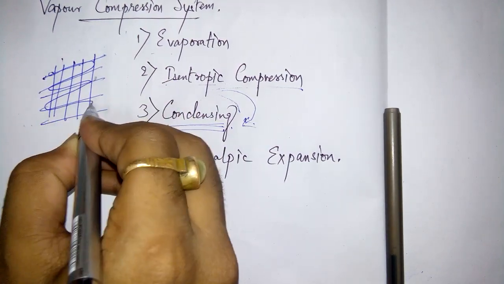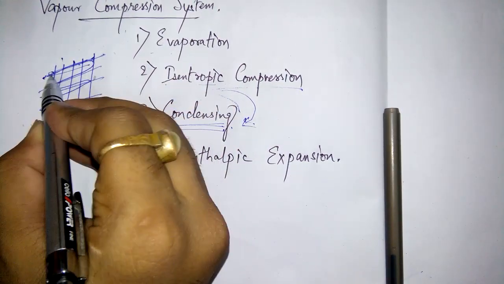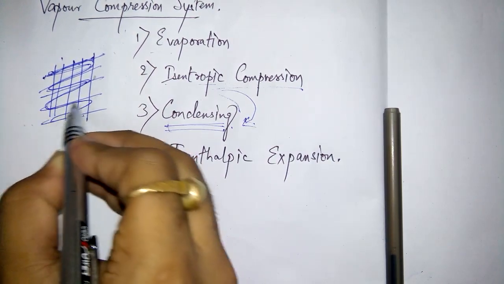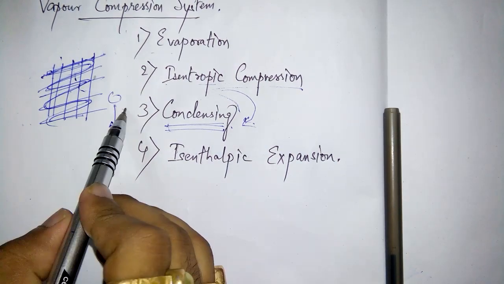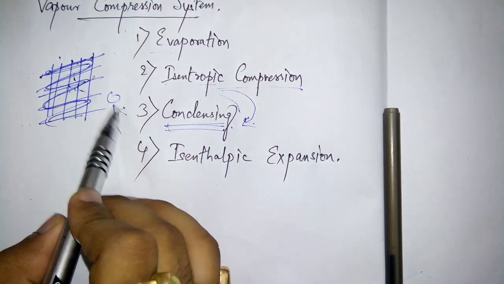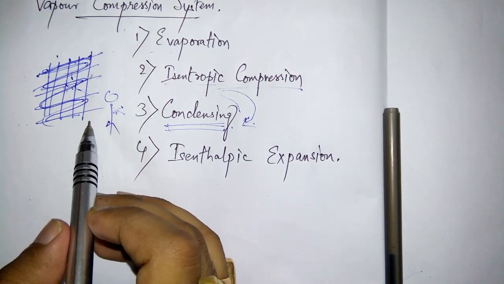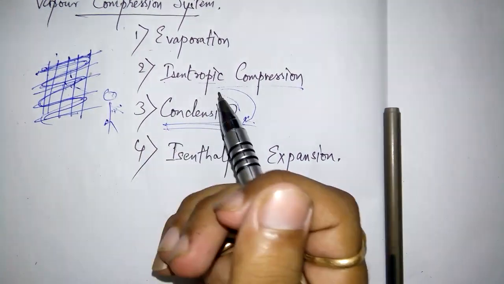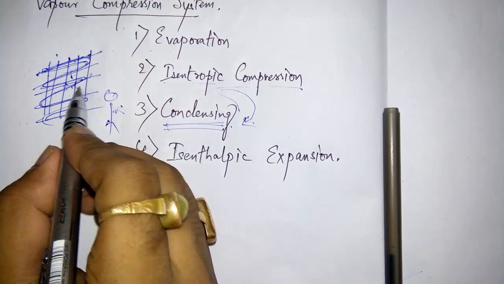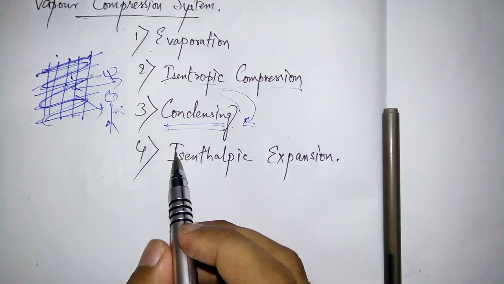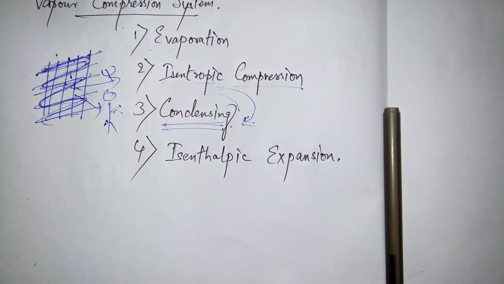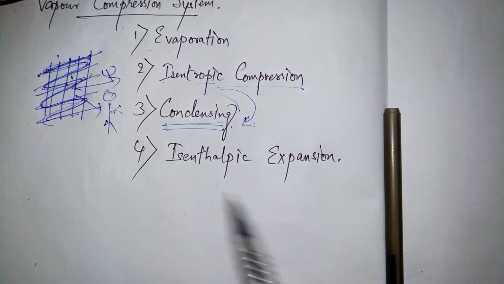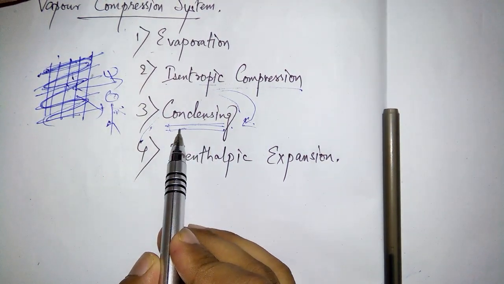Through these coils the refrigerant is flowing, and if you stand near those coils, you will feel that your body is getting heated up. Why? Because these coils are leaving heat, because the refrigerant that is passing through these coils is now condensing. Condensing means it is now leaving heat. So after leaving heat, it comes back to its liquid state.